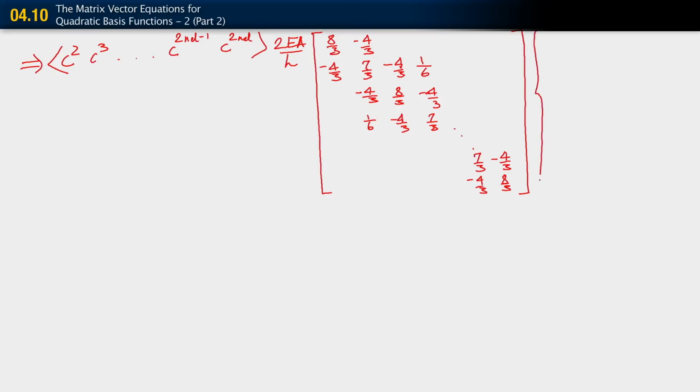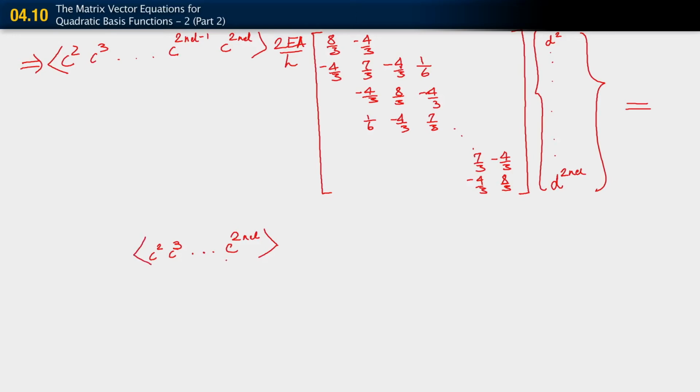Multiplying. In the D vector, we don't have D1 because we moved it to the right-hand side. We come all the way down and we end here at D2NEL, equal to here C2, C3, up to C2NEL.